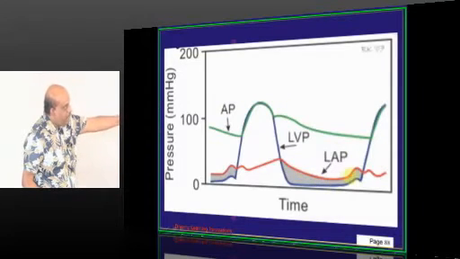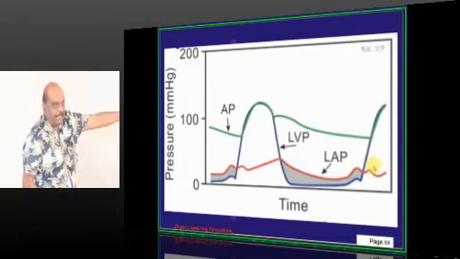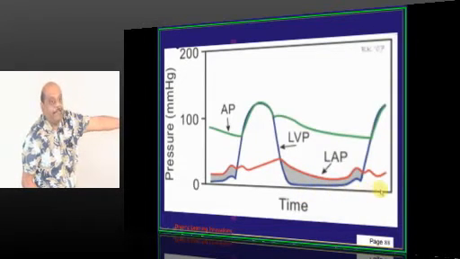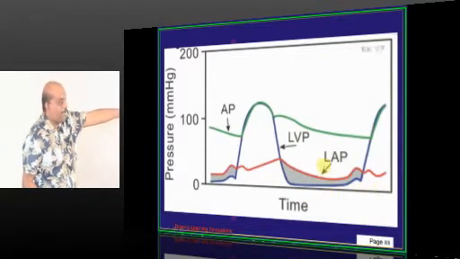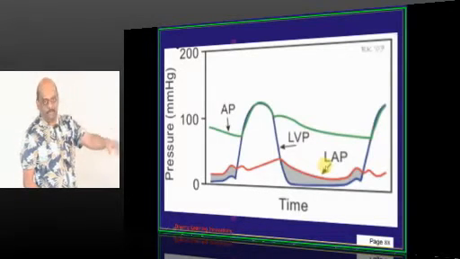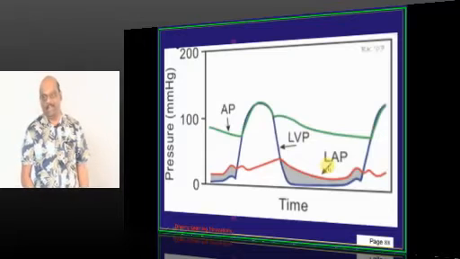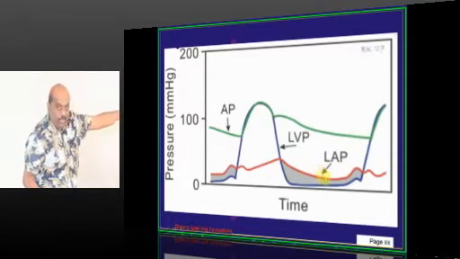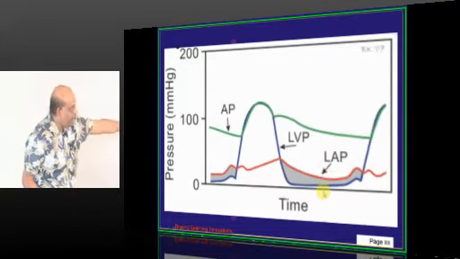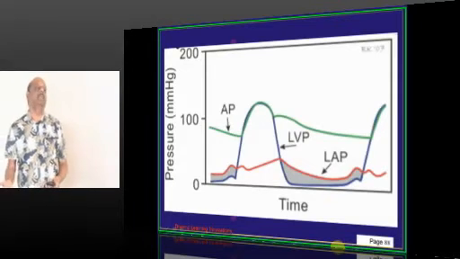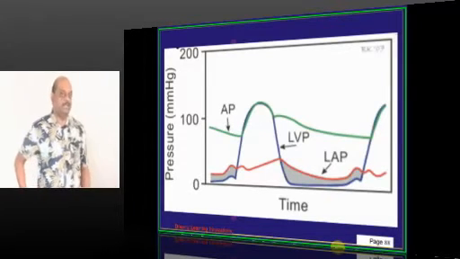The left atrial pressure during the entire diastole is remaining higher than the left ventricular pressure. When will it occur? If there is a mitral stenosis which is causing obstruction for the flow of the blood from the left atrium into the left ventricle, then the left atrial pressure curve will constantly remain higher than the left ventricular pressure, and that is how you recognize the presence of mitral stenosis.